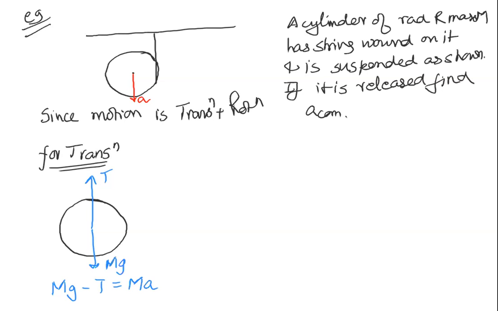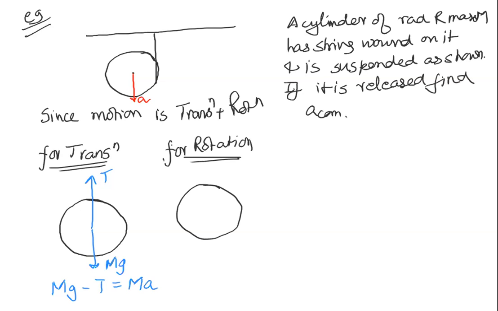But I have a pretty good idea that it will be coming down, so I have assumed the downward acceleration. That's what it is. So now I forget about the translation, the translation work is done, and I look at only the rotation.